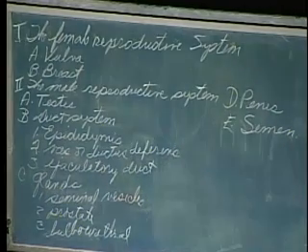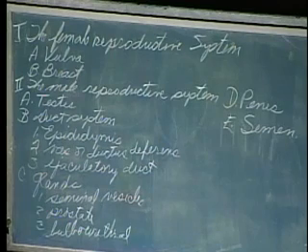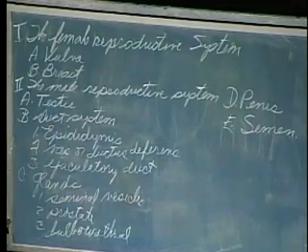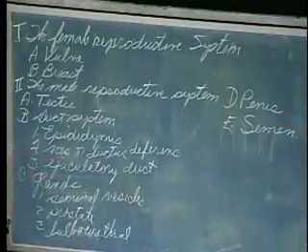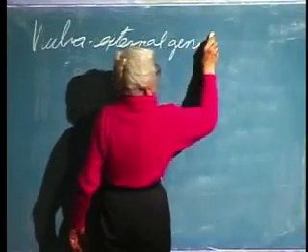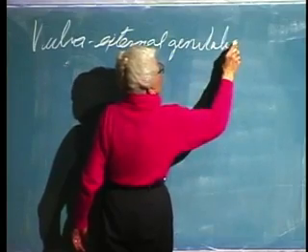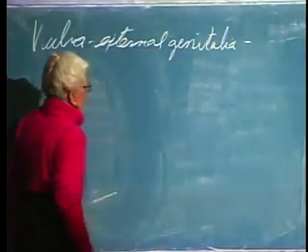Well, let's continue with the female reproductive system. We worked our way down to the vulva, which is the external genitalia for the female. And we'll have the mons pubis.